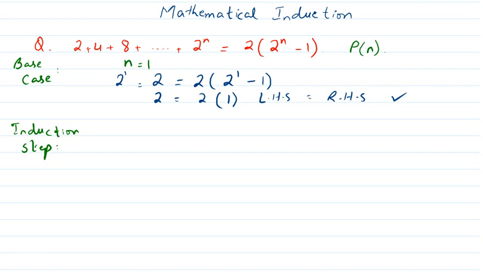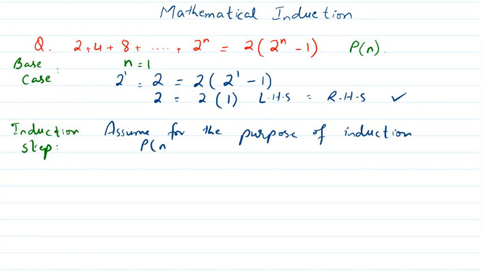So let's write it here: assume, for the purpose of induction, that P of n is true. So we are assuming that whatever is given to us is in fact true.